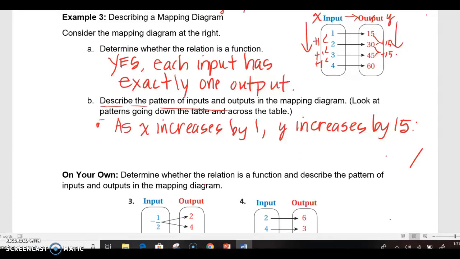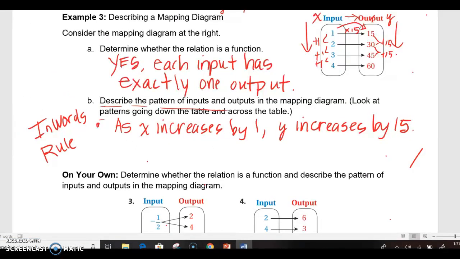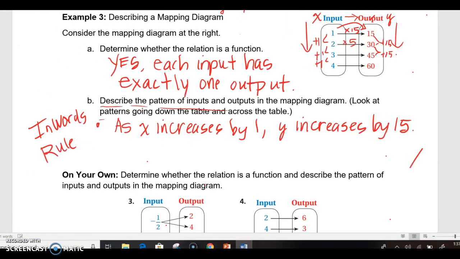So how could I write a rule? So far we've written a description in words. How can I write a rule that's what's happening from the inputs to the outputs? How do I get from x to y? If you look, I think if you multiply by 15 each time, sorry about that, like 1 times 15 is 15, 2 times 15 is 30, 3 times 15 is 45.